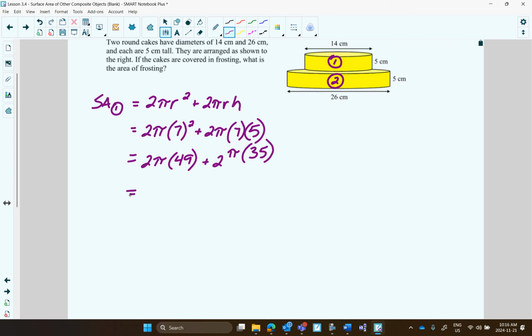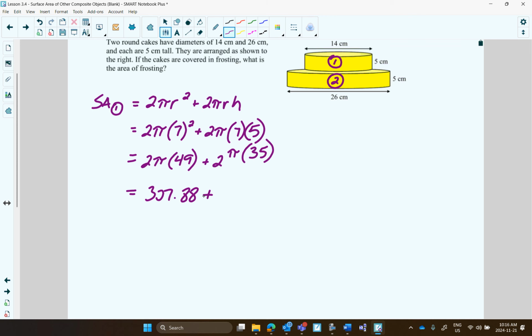But because I'm using the pi key, which is a little more accurate, I'm going to get a slightly different answer. When I use the pi key, it's 307.88. If you use 3.14, it'll be a little bit different, but that's okay.